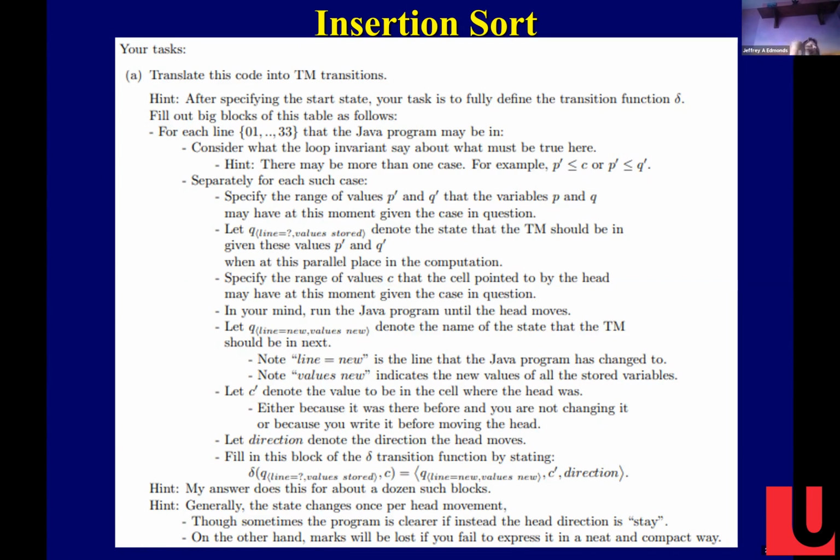And every time, what does a state say? The name of the state is always, what line of code am I about to execute? If it says line 9, then that means I haven't executed line 9 yet, but I'm about to, right?